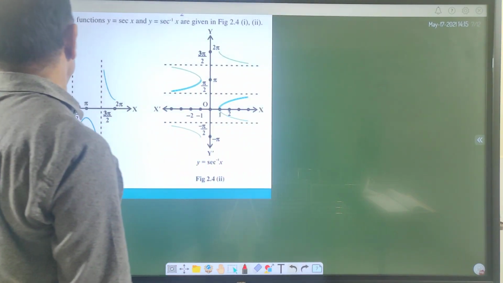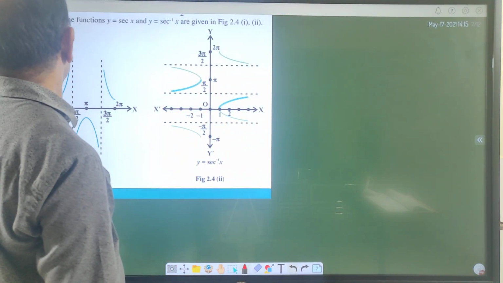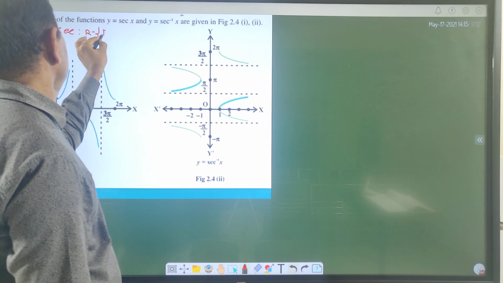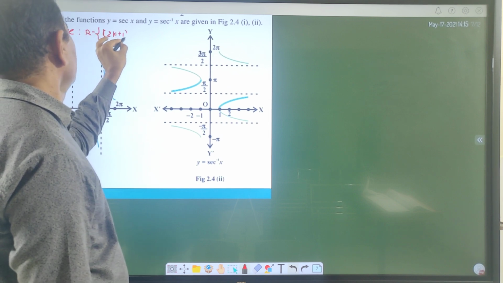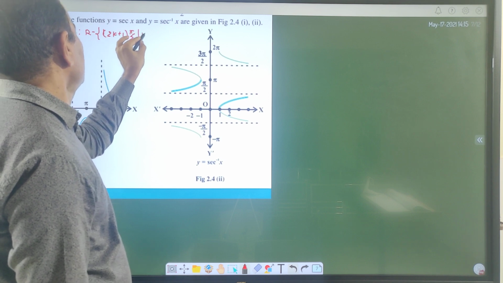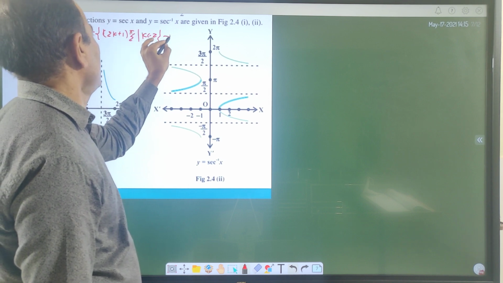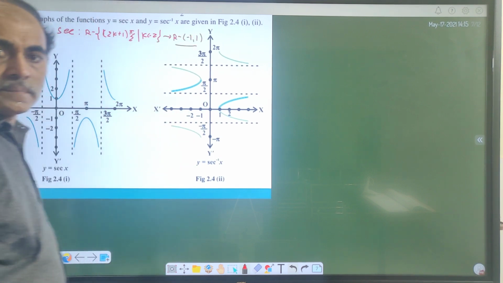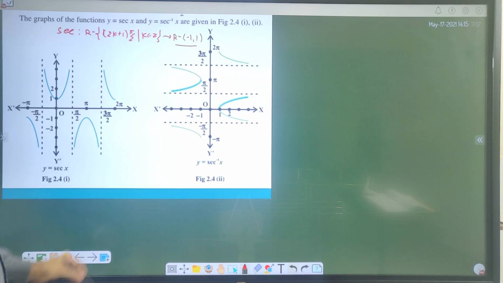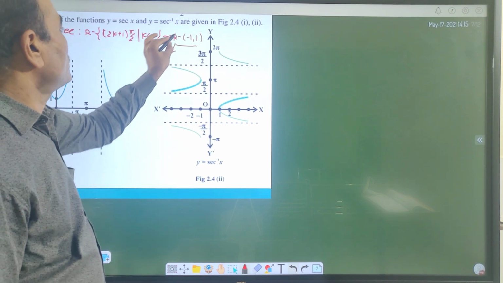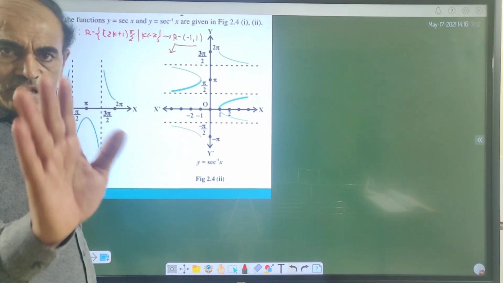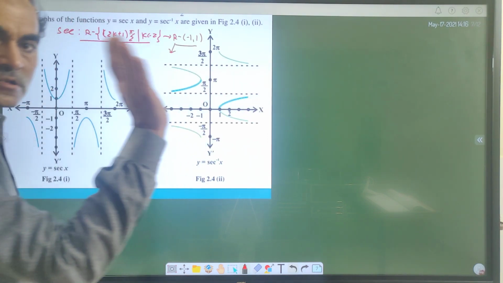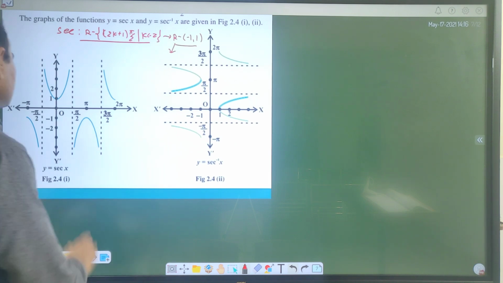First of all, mention that sec is a function from R minus (2k plus 1) pi by 2, k belongs to Z, to R minus the open interval minus 1 to 1. Here this function is onto because the codomain is the same as its range. Now see, this one is not 1-1. In general it is not 1-1. You can see that here.